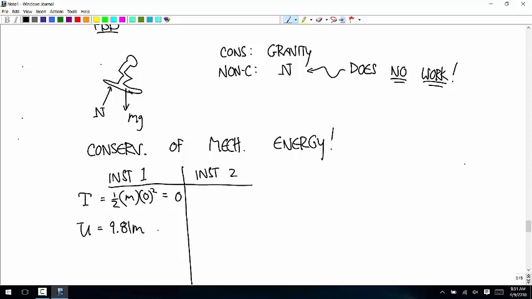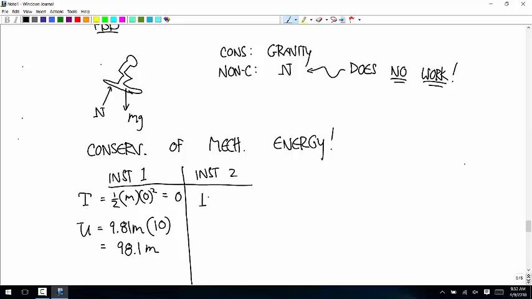What's the height? 10. So there's the potential energy at the top of the hill.